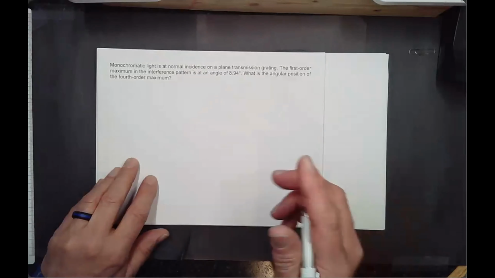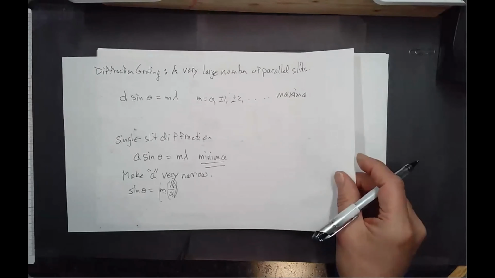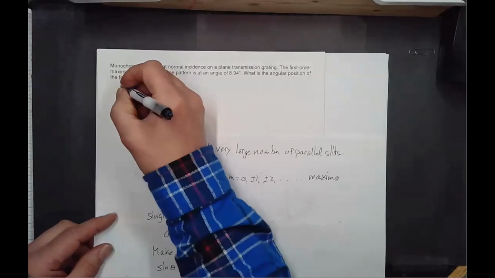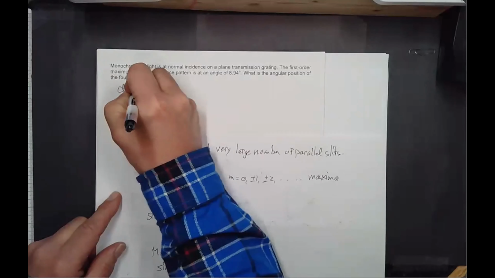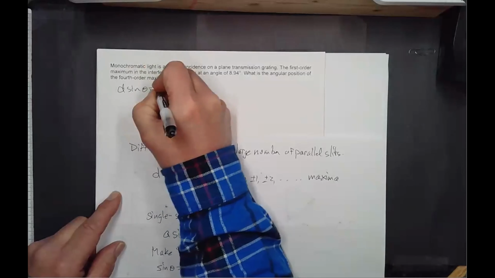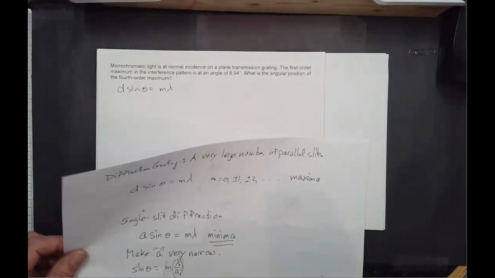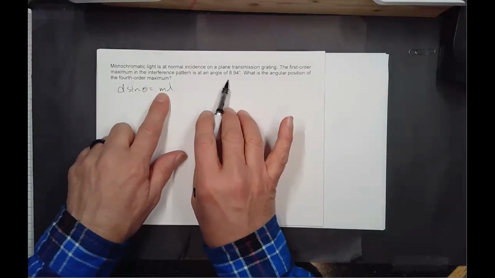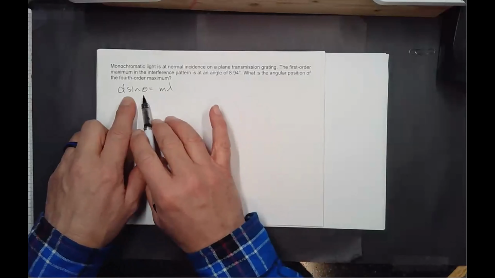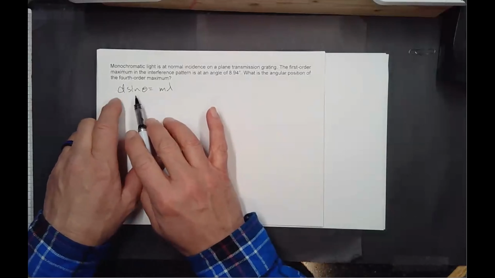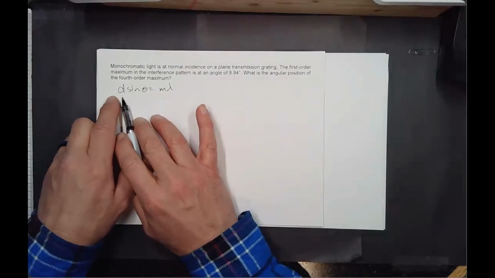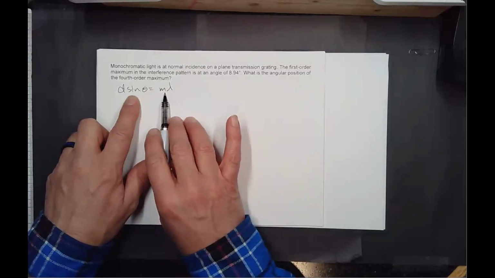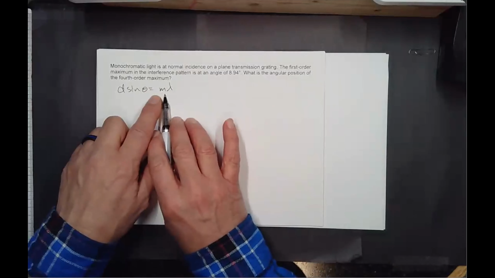Well, we go back to our equation for the diffraction grating: d sine theta is equal to m lambda. So just write that down here. And it says the first order maximum is at an angle of 8.94 degrees. Well, we don't even know the spacing between these things, and we don't know what the light is, but we do know that the first order maximum is happening at 8.94 degrees.